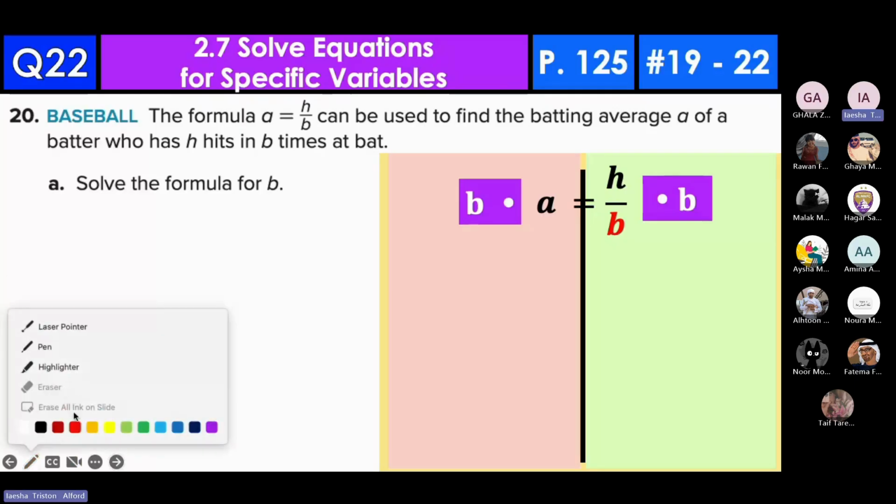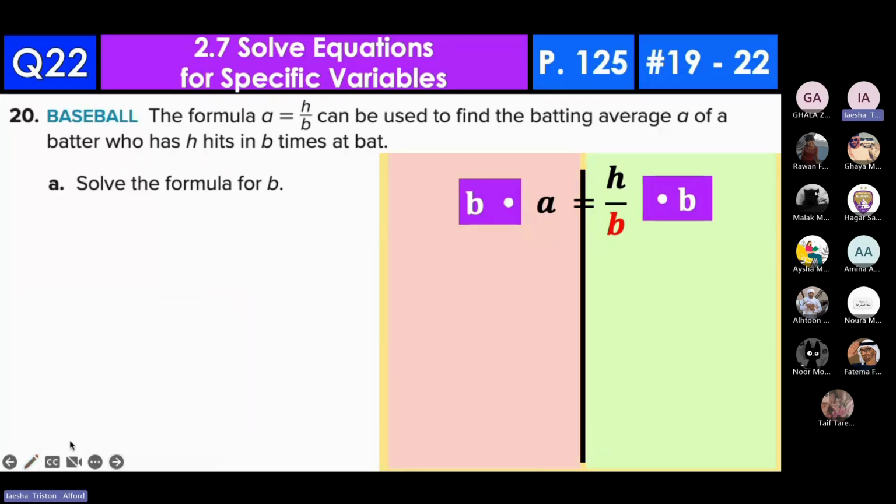It's the same as when I tell you 3 is equal to x divide 2. You know how to solve this, yes or no? Multiply to both sides. So you multiply 2 both sides.